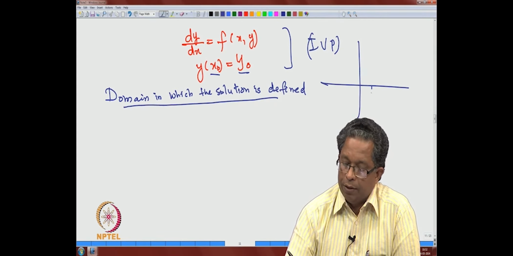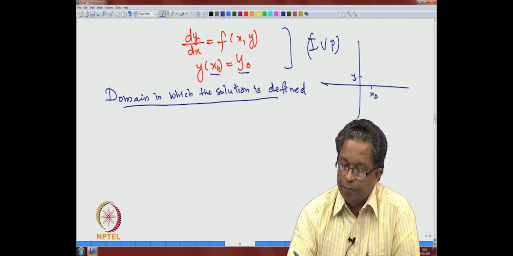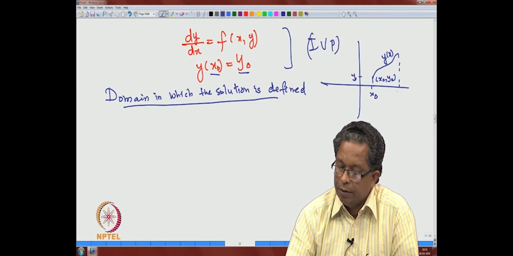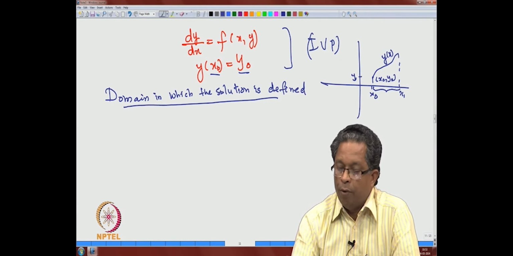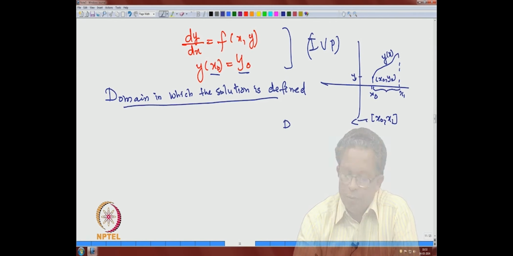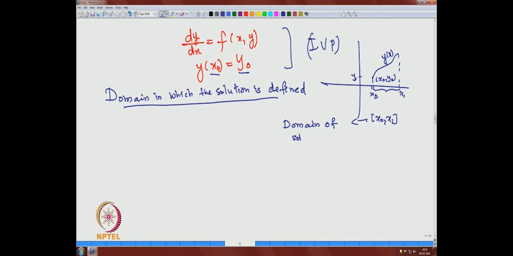So, this is x0 and this is y0, and this is a point from where we start x0, y0, looking for a solution, and the solution is y of x, and in many initial value problems the solution exists in a small interval x0, x1, okay, this is called the domain of solution y.